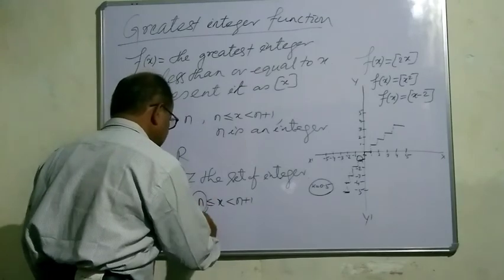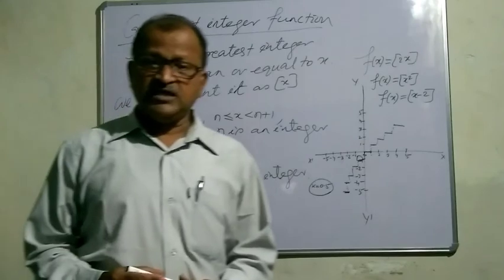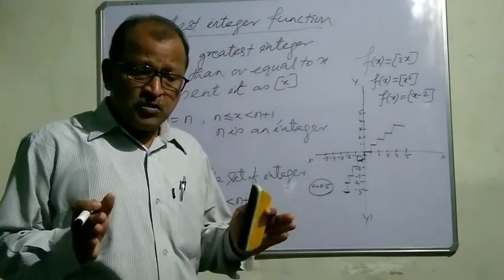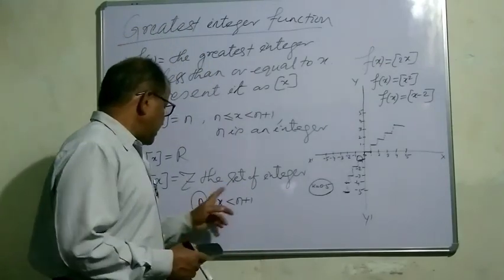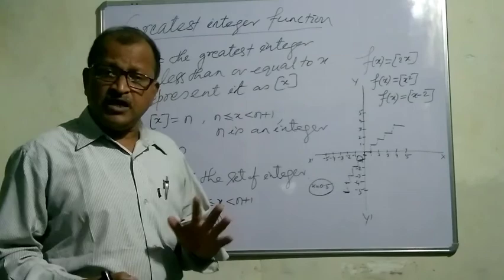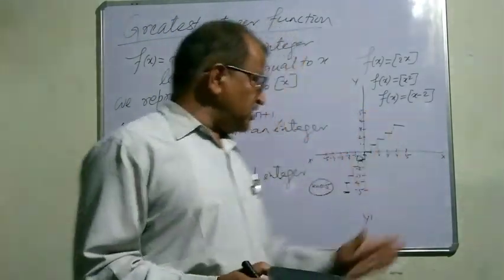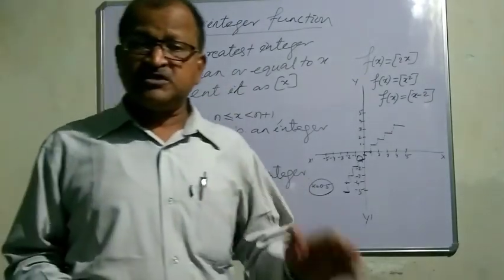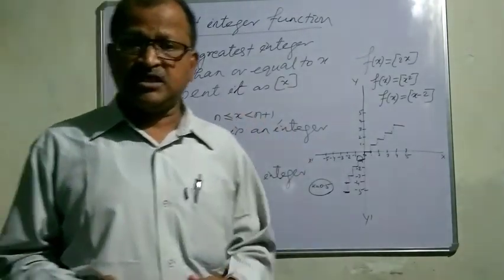Just let x be equal to n. x is a positive integer means it will lie between two consecutive integers n and n plus 1. Anyway, you try at home, draw the graph. All these functions which we have discussed are algebraic functions. We will discuss other functions in the next lecture.